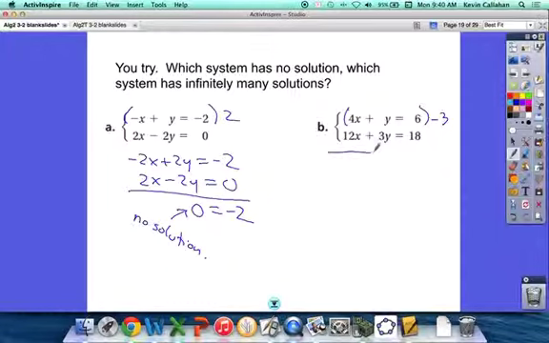So when I add these up, 0 equals 0. What does that tell you? Which means the two lines are the same line. That means there's infinitely many points that are on both lines. The way usually you would say it is you would say no unique solution. There's a solution, but there's not just one. It's not like when the lines cross at one point. That would be a unique solution.